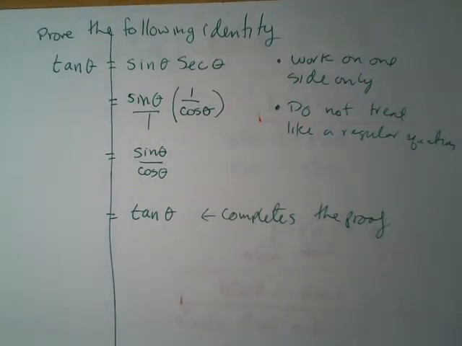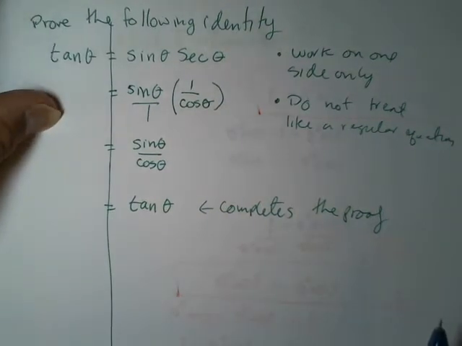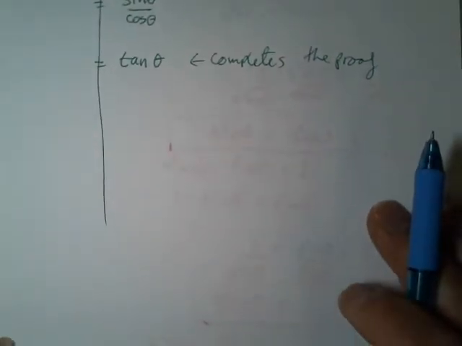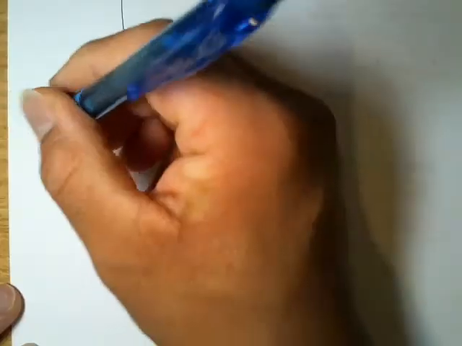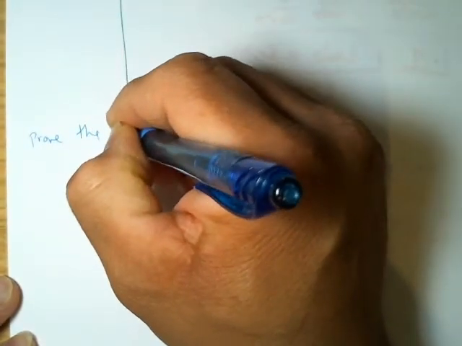Okay, let's try one more. So again, directions are the same here. Prove the following identity.